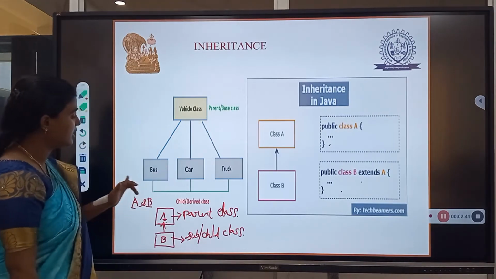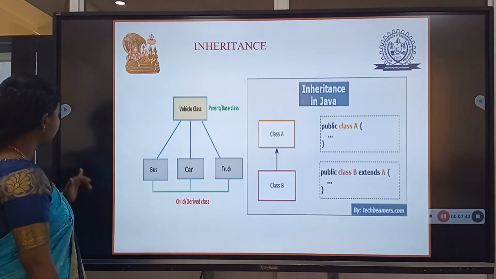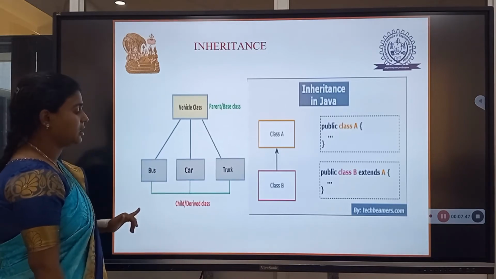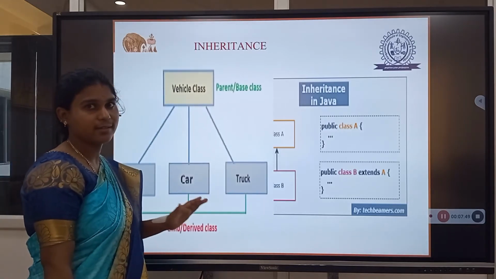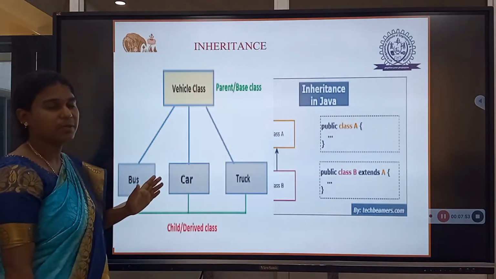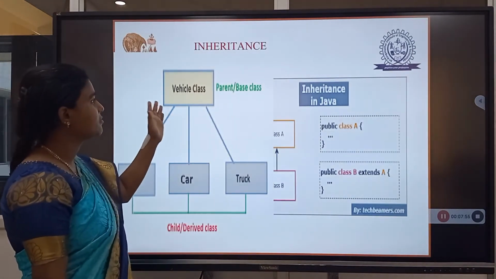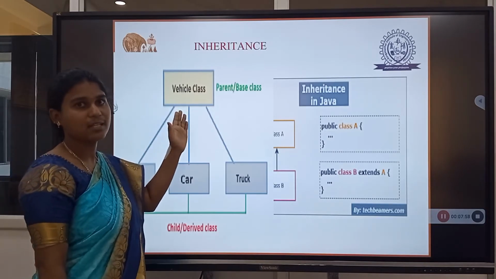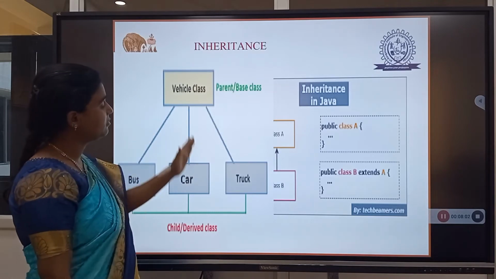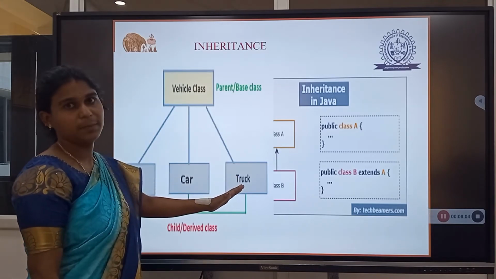Here I have given a best real-time example. I already told you one example about a parent and deriving a child class from a parent. This is another example: a vehicle. We consider the vehicle as the parent class, and through that we derive multiple subclasses.